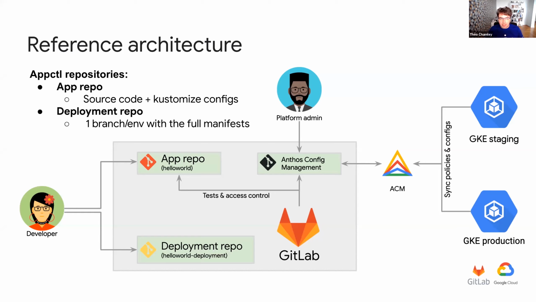With appctl, you have one application repository, and that's one that you already have today. That's where your source code lives, your Python, your Golang, your Java, whatever.